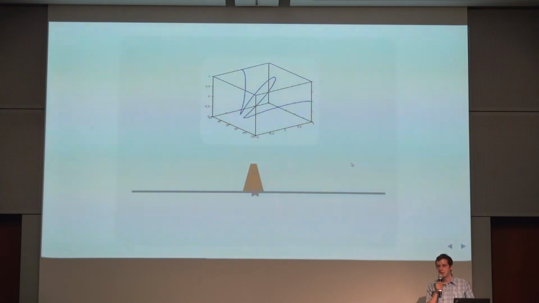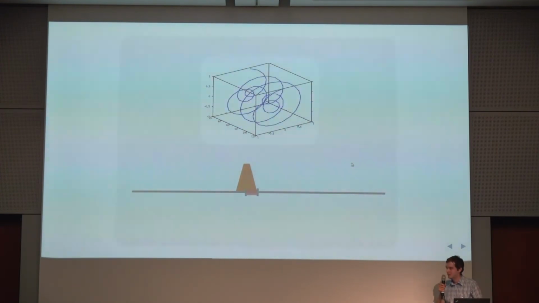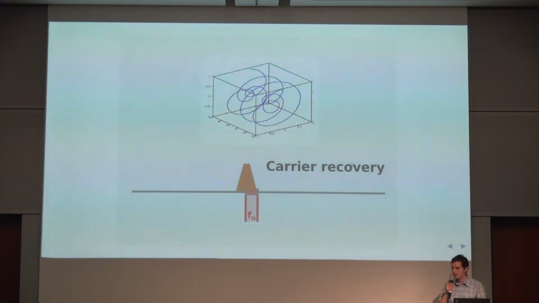So the baseband complex signal will look something like this. And this is the time domain signal. This is how it looks if there is some more frequency difference, and it's hard to figure out the bits from there. So we have to do something, and that's what carrier recovery algorithms do to correct for that.